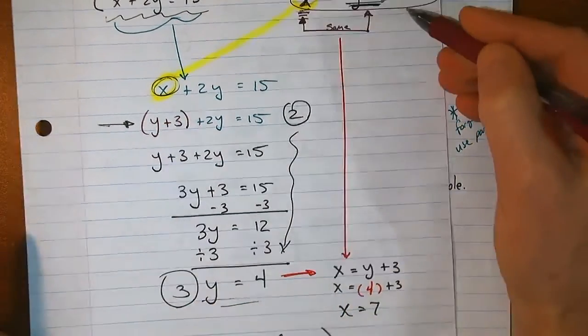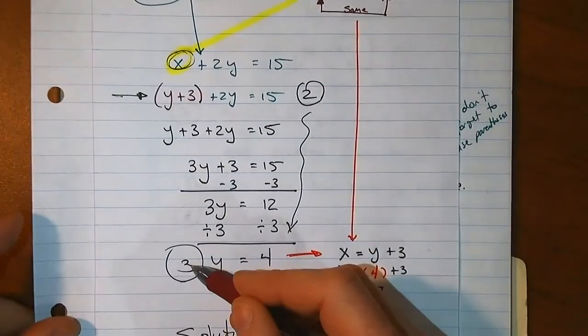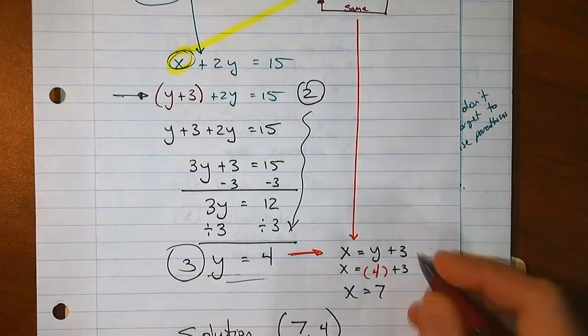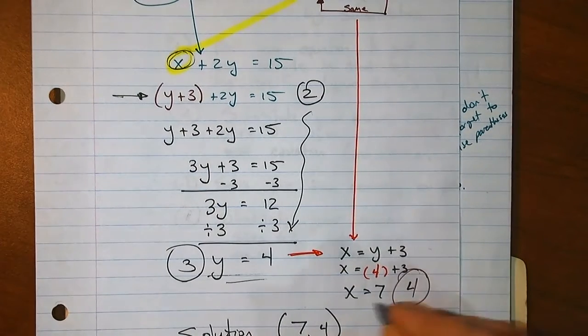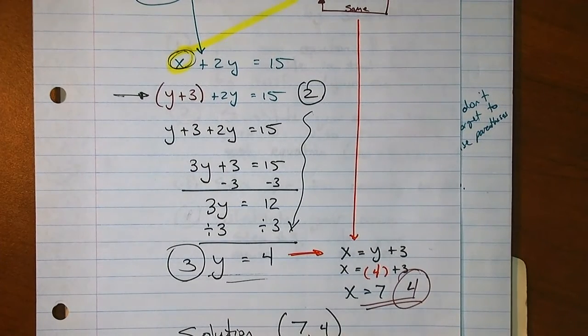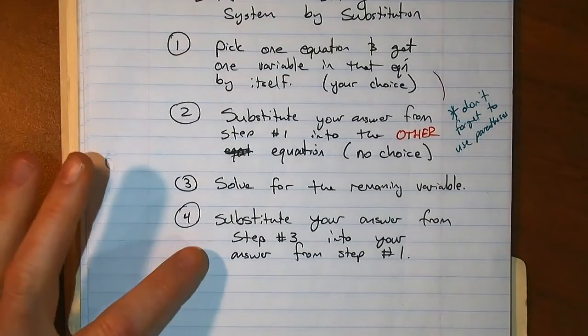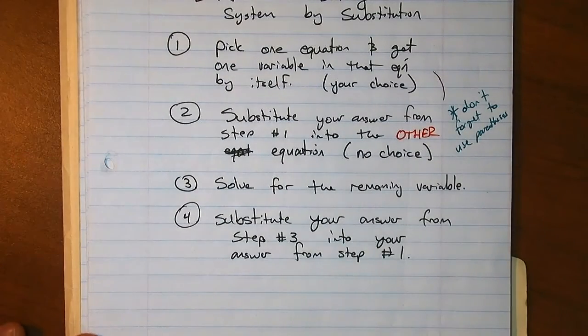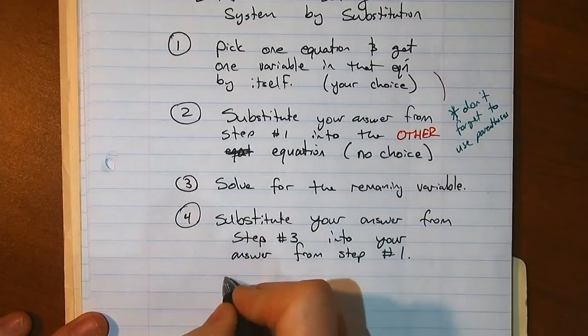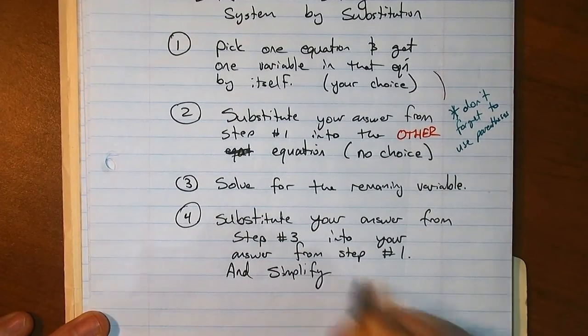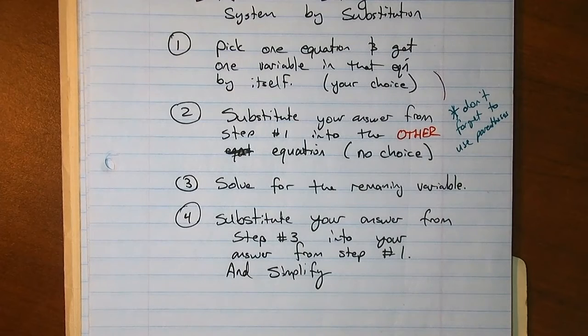And so that's why we take our answer from step 1 and our answer from step 3. We put those two answers together, and there's our answer from step number 4 right there. Okay, so we substitute and simplify. And then we're done.